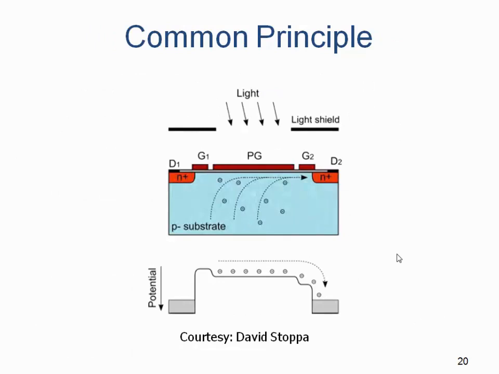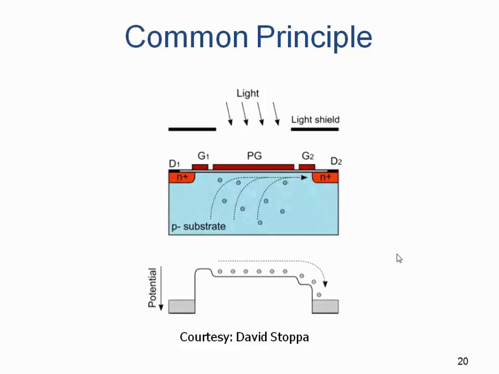The common principle to these three approaches is the following. You have modulated light coming in. There is some kind of photo gate, and then there are ways of directing the charge accumulated from photo detection to either one location or another.